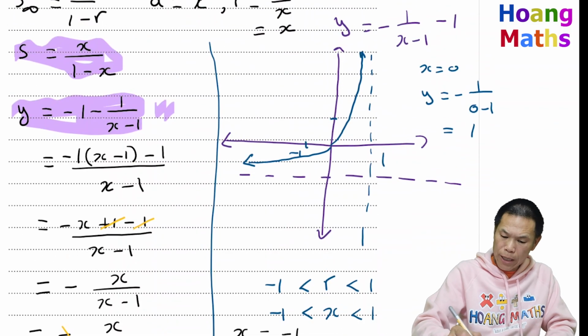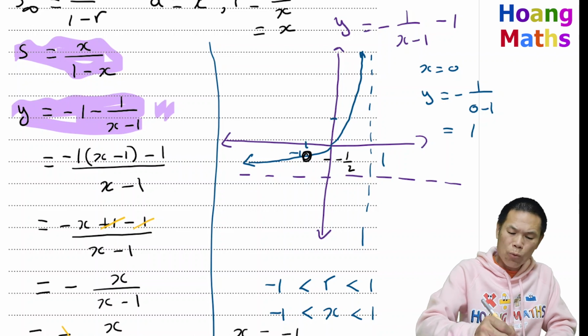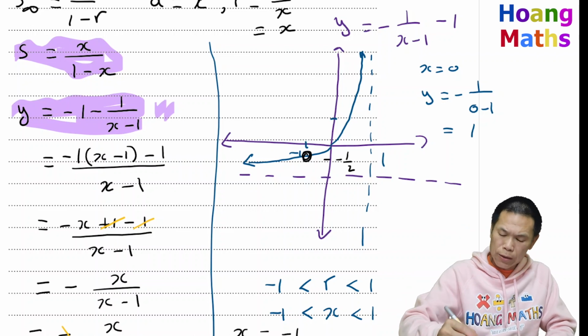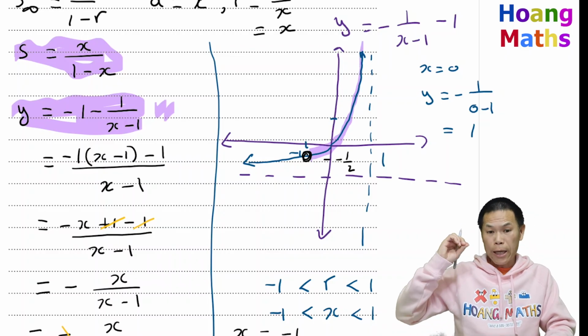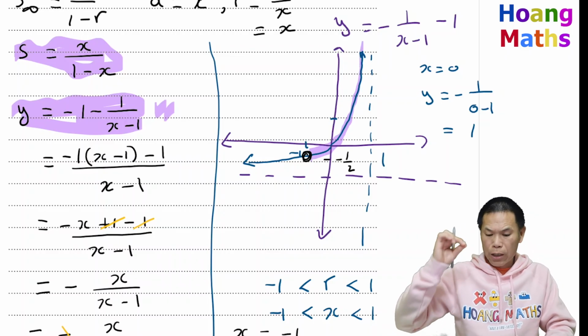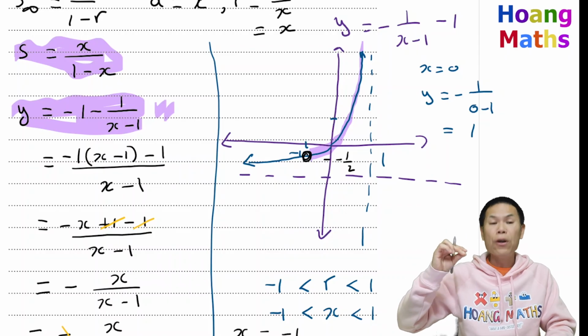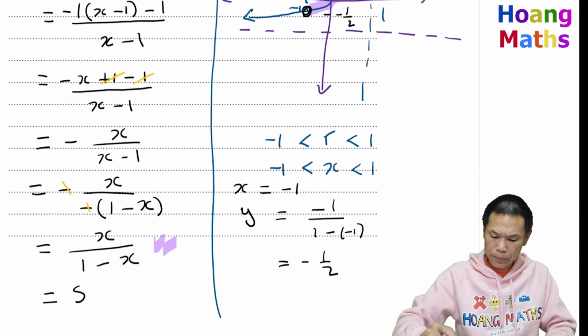So this one here is negative 1/2. So the range for this graph, for the limiting sum to exist, is from negative 1/2 to infinity.